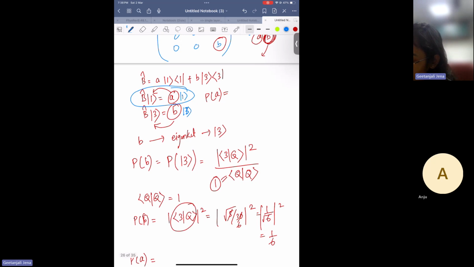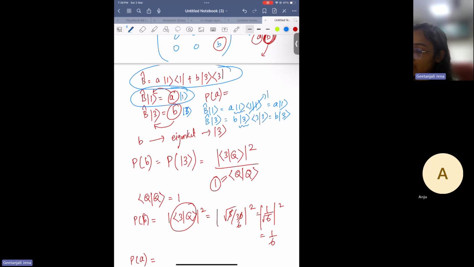Because I have wrongly read, if you ask B on 1, then it will give A1 with 1, and B with 3, it will be 3, 3, and 3. This will be B with 3. There is a K here also. I forgot to write it.